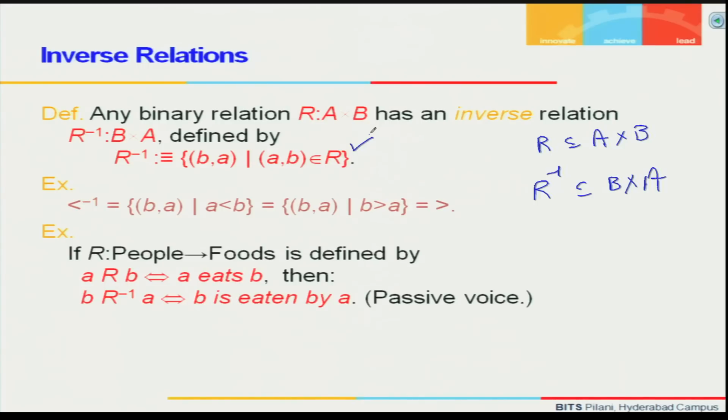R inverse is a relation that is acting on B cross A. I will take all the tuples (B, A) such that if (A, B) is in R, then (B, A) is going to be in R inverse. It is quite intuitive. For a tuple (B, A) to be in R inverse, the reversed tuple (A, B) has to be there in R. That is how it is defined.